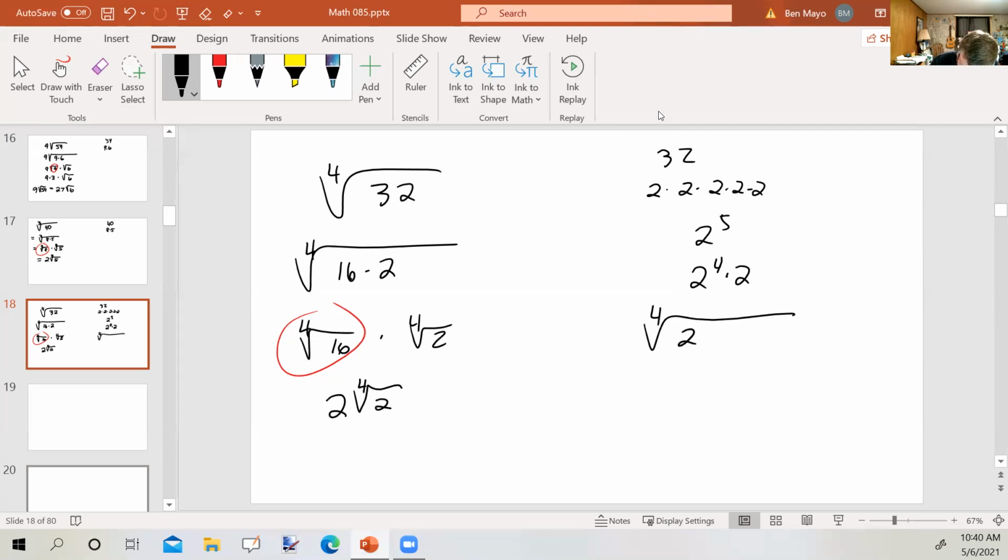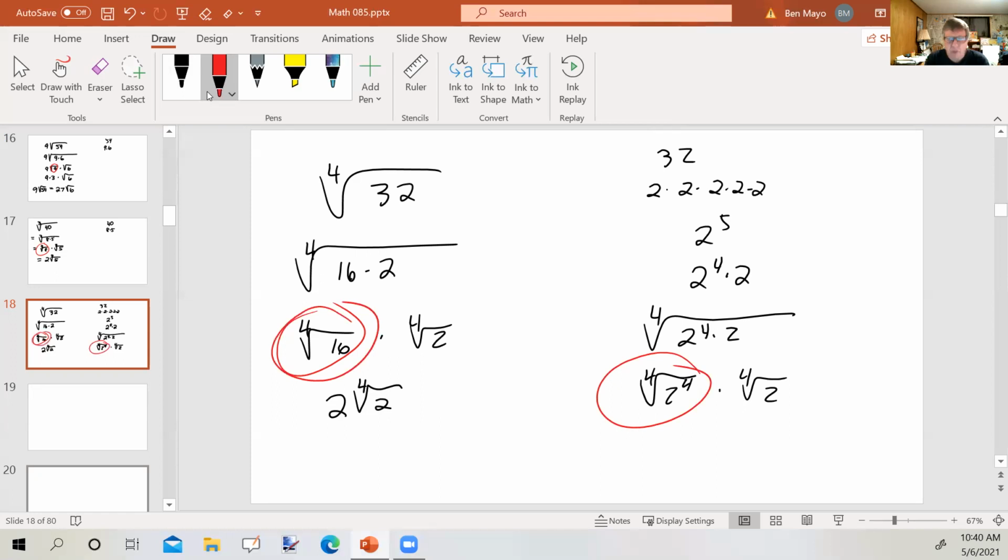Well, the fourth root of 2 to the fourth times 2 would be the fourth root of 2 to the fourth times the fourth root of 2. Why would I want to write it like this instead of like that? They're equivalent, but I want you to notice the fourth root of 2 to the fourth power is just 2. How do I know that?